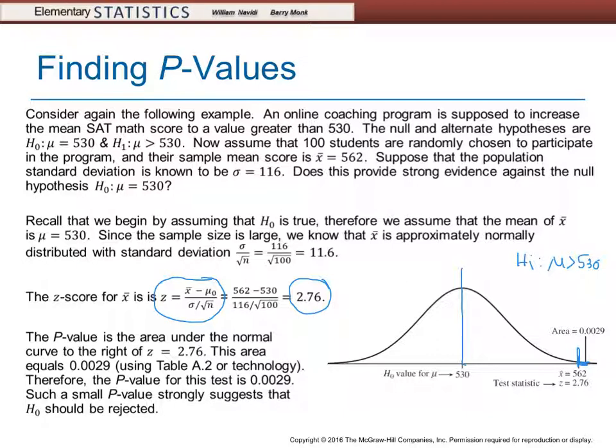So the p-value is the area under the normal curve to the right of 2.76. This area, from table A2, equals 0.0029. Therefore, the p-value for this test is 0.0029. Such a small p-value strongly suggests that H naught should be rejected.